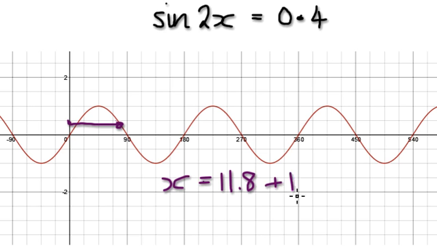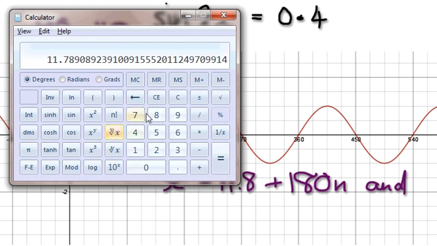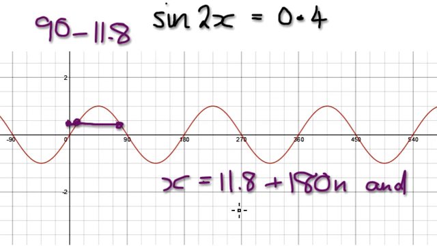So whereas our first solution was 11.8 plus 180n, we're going to get 90 take away this gap here, which is 11.8. On the calculator, 90 take away this equals 78.2.